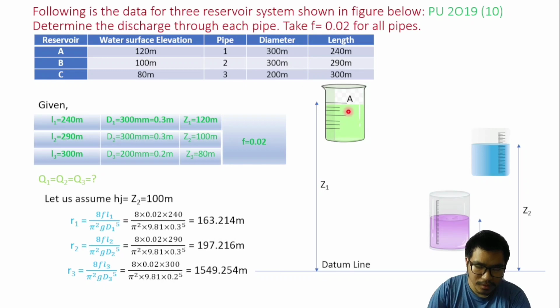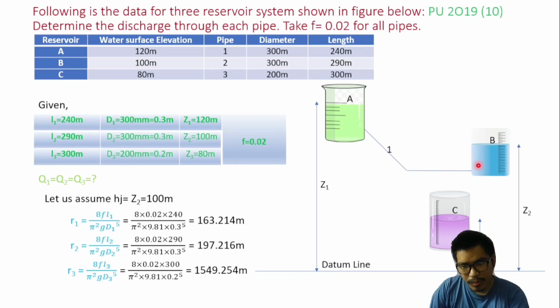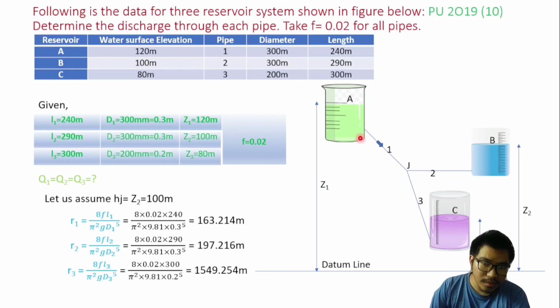So this is reservoir A, this is reservoir B and this is reservoir C. Pipe 1 connects reservoir A, pipe 2 connects reservoir B and pipe 3 connects reservoir C to junction J. Water always flows from higher energy level to lower energy level. So water flows from A to J, similarly from J to 3.